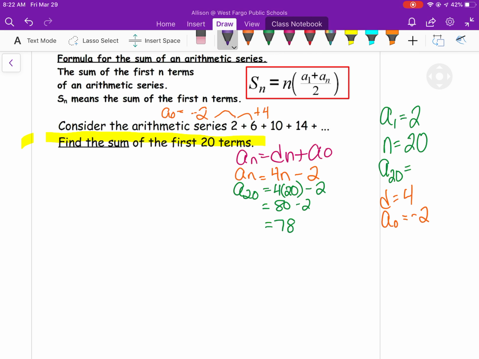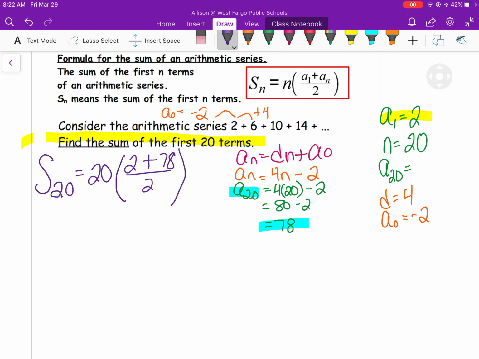So now I have enough information to find the sum of the first 20 terms. So I'm going to plug in 20 for n. I'm going to plug in 2 from over here, 2 for a sub 1, plus a sub n. Remember that was a sub 20, so the 20th term was 78. So plugging in 78, it's all of that divided by 2.